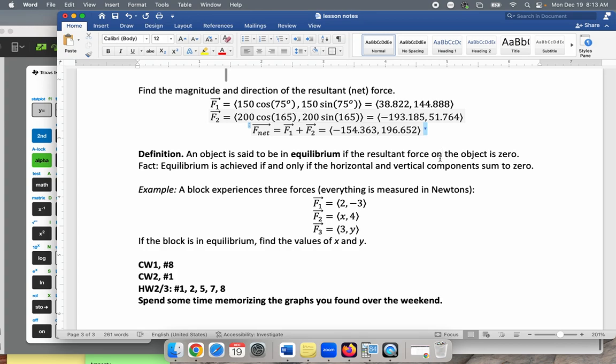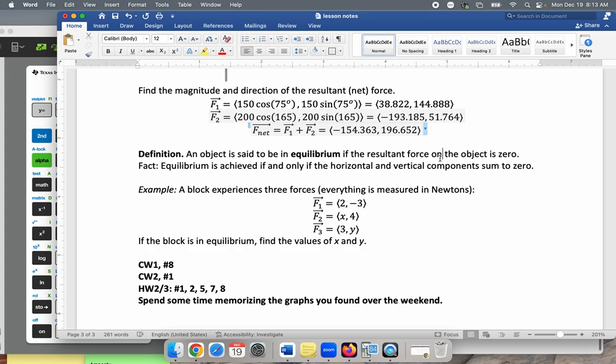For example, if you have a single block and two forces acting on the block with the same magnitude but in exactly opposite directions, like two people pushing against a block with the same strength in opposite directions, then even though the object is experiencing different forces, the net force is 0, right? Those two vectors will exactly cancel each other out.